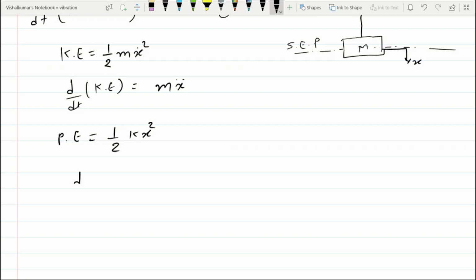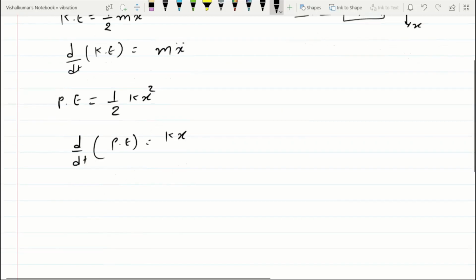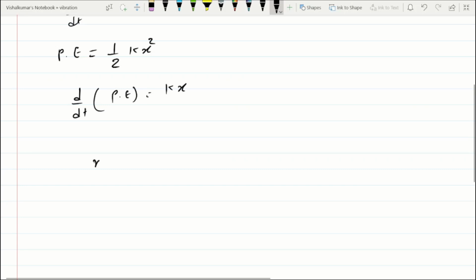When we differentiate this potential energy, we get kx. Let's put these values of the derivatives of kinetic energy and potential energy into equation 1. We get m x double dot plus kx equal to 0.